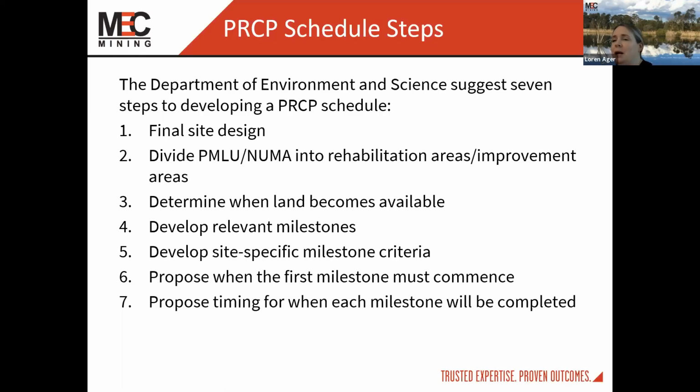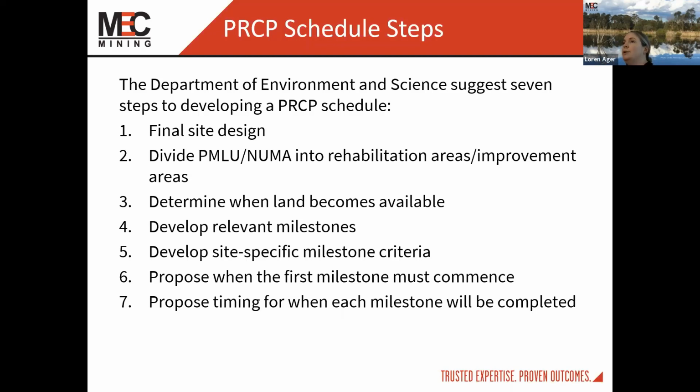So developing relevant milestones, the rehabilitation milestones need to identify significant events or steps required to rehabilitate that to a stable condition. So under the schedule, those areas are identified and broken down into certain milestones.